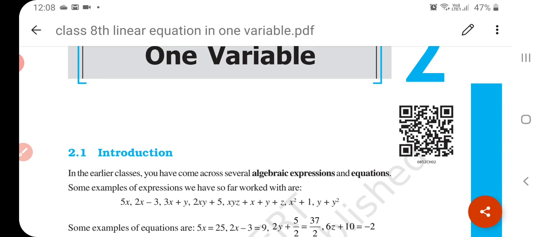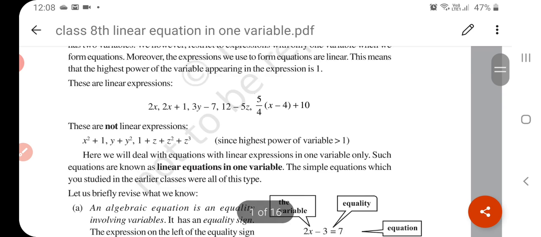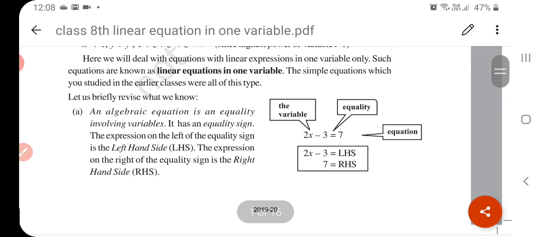The expression on the left of the equality sign is the left hand side, and the expression on the right of the equality sign is called right hand side. Understand? See here, there is an equality sign and there is a variable, so this is called an equation, which means there are two parts, LHS and RHS, with an equality sign.